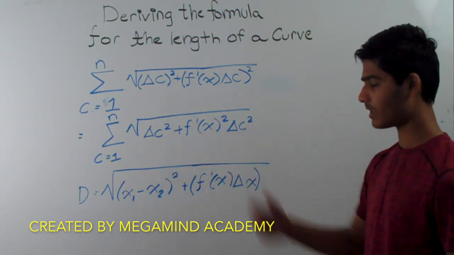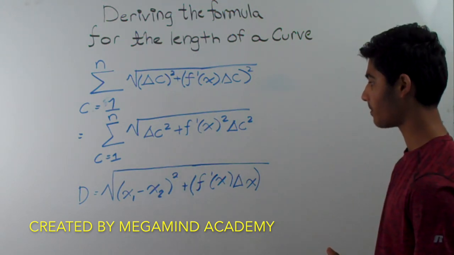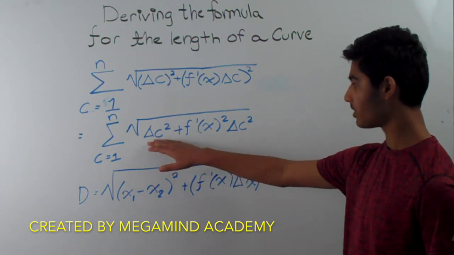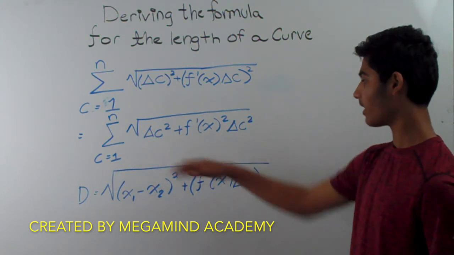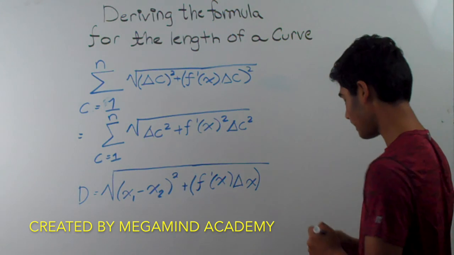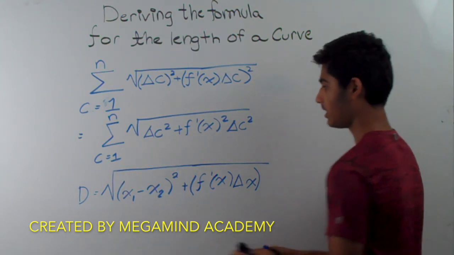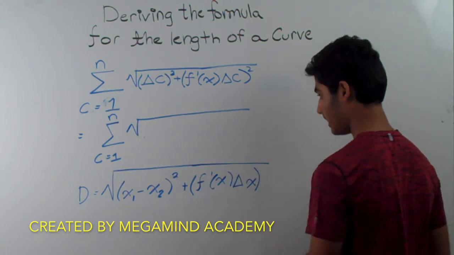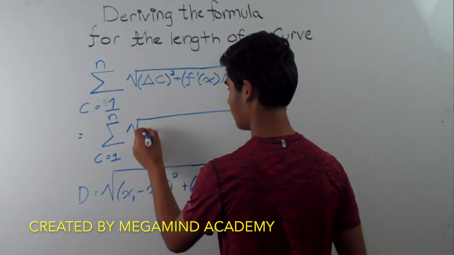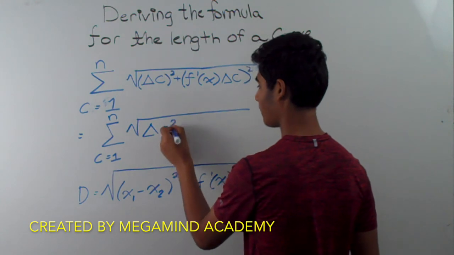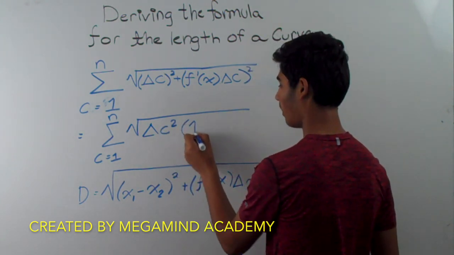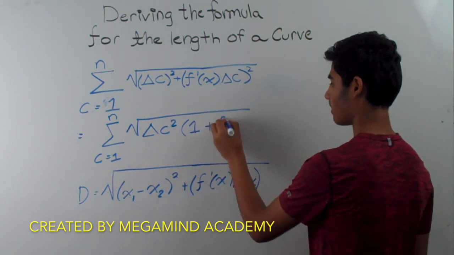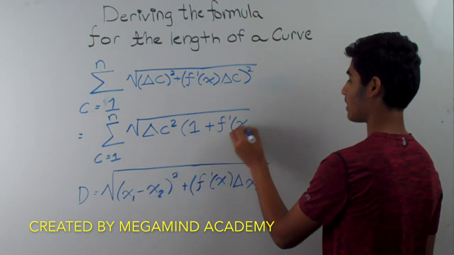So how do we solve this? This doesn't look like anything we've done. Well, as you can see, we can take out a delta c squared. So we get delta c squared times 1 plus f prime of x squared.